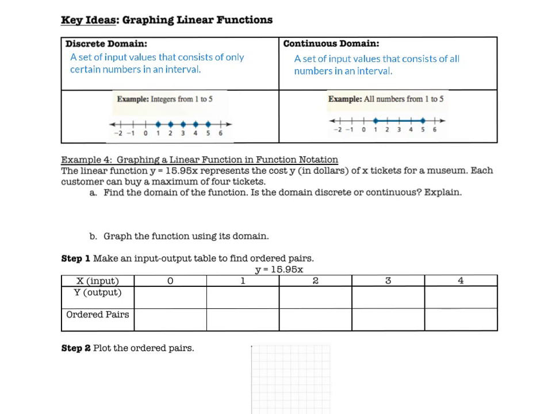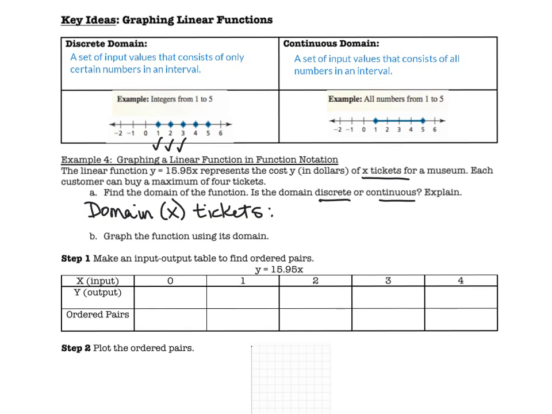So first, let's identify what the domain is. The domain is our x values, and x represents the number of tickets. So I would write down all this information. Is it discrete or continuous? Discrete means that it would be just the integers.